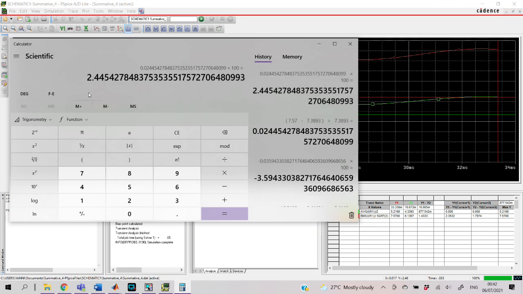As we can see, the percentage difference of the two values is around 2.44 or 2.45%.